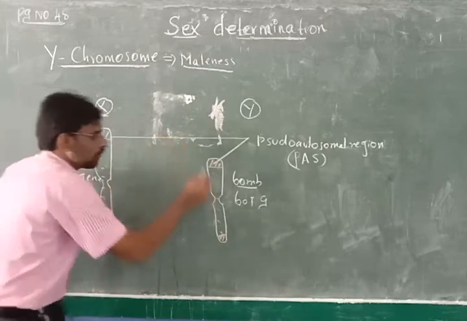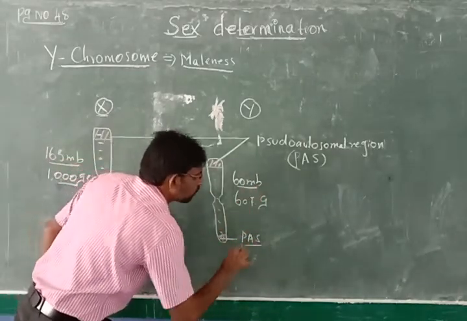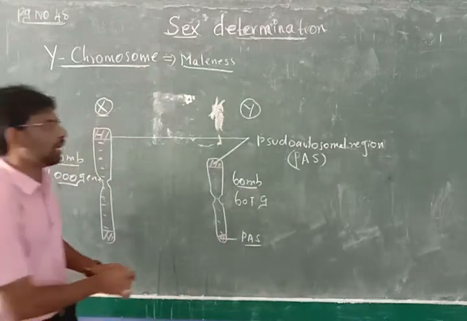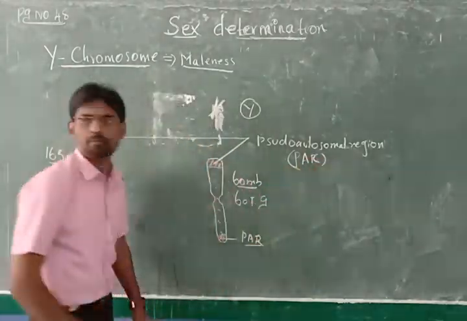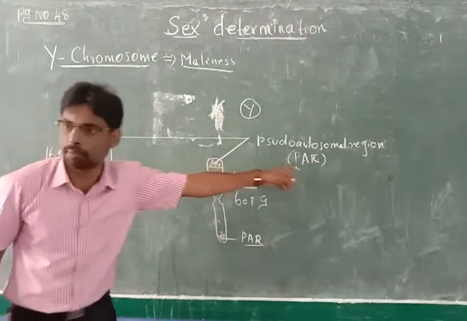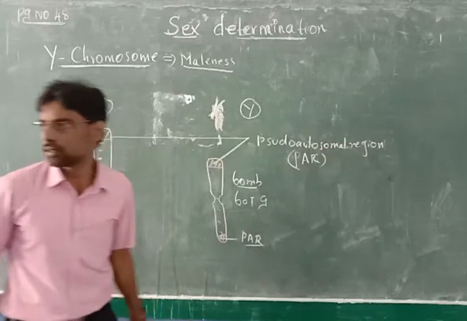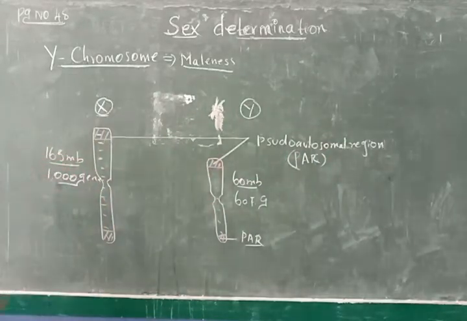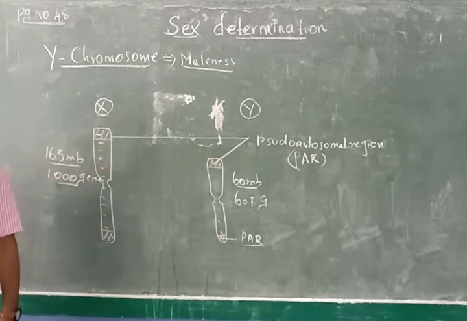So here also you will have the PAR region, and here also you will have PAR. I put S for segment, so you can even call it the pars region. So these pars regions are entirely similar in both the chromosomes.